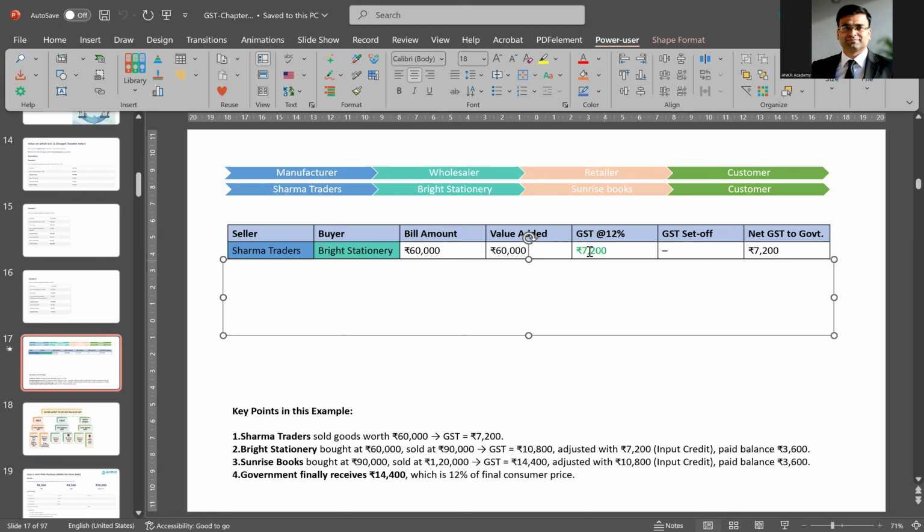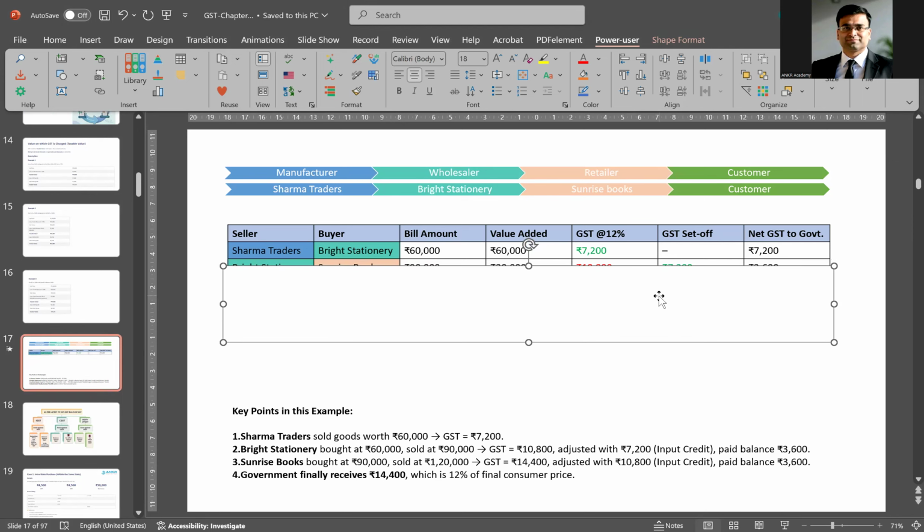So there will be 7,200 rupees of GST which will get collected on this bill. So the total bill will become 67,200. But this is the GST which Sharma Traders has collected and it is payable to the government, right? 7,200. Now you see what happens next is interesting.